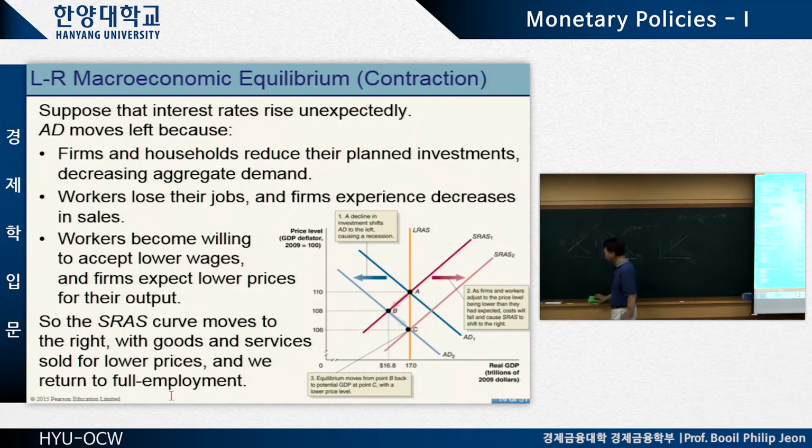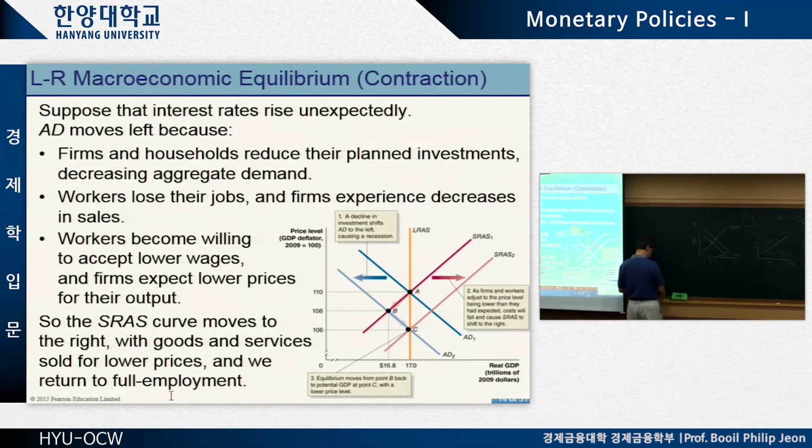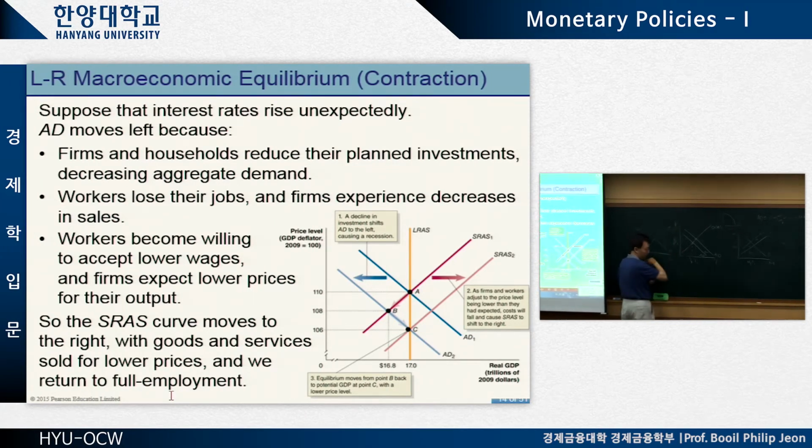So here, what's going to happen in the labor market? In the labor market, we have demand and supply for labor, right? And this labor supply was based on the initial price expectation.